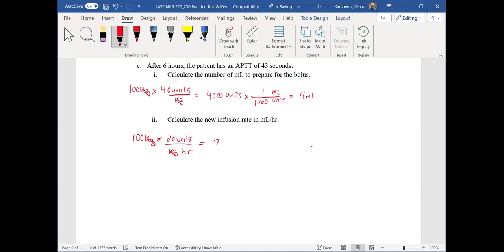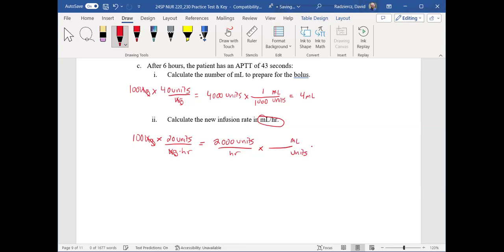This is going to give me 2,000 units per hour. I don't want units per hour. I want milliliters per hour.